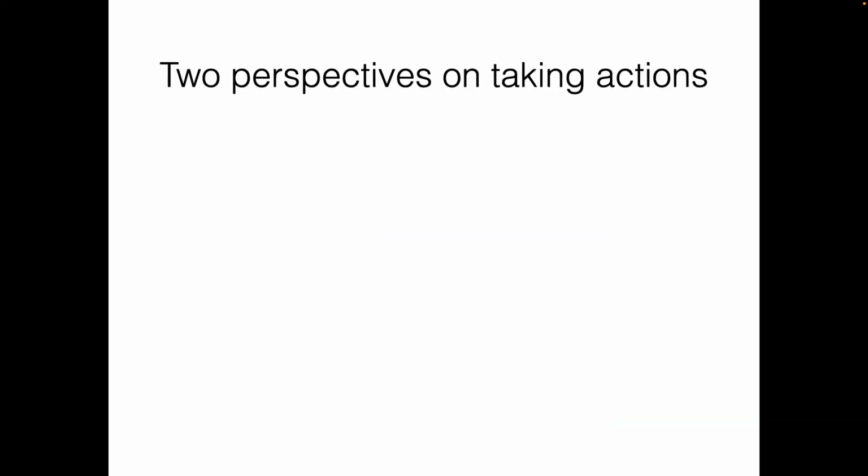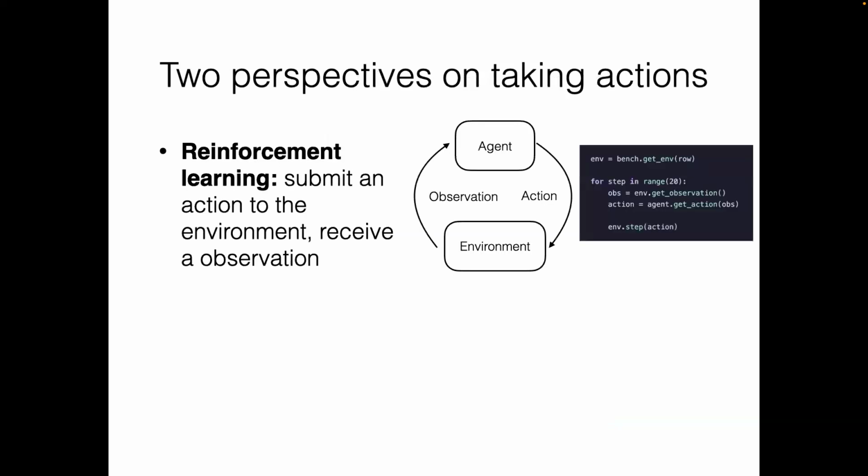Now, a few times I've mentioned this idea of tools, and I think it's useful to think of two different perspectives, which are complementary or often the same. So far I've been talking about the perspective that's really close to reinforcement learning, where you have this loop involving observations and actions.